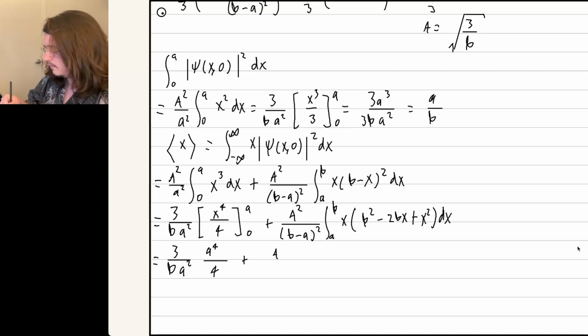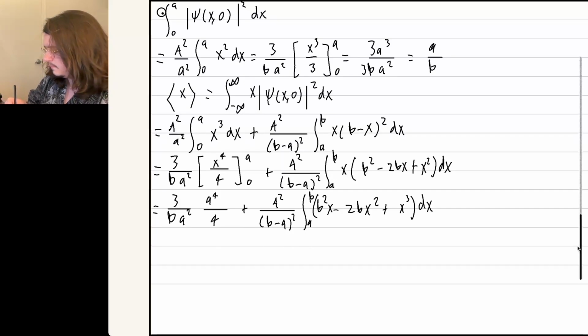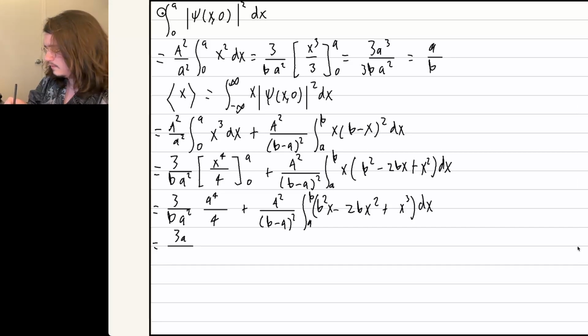On the second one, I'm going to distribute the x through, b squared x minus 2bx squared plus x cubed dx. Simplifying the left term, it's 3a squared over 4b.